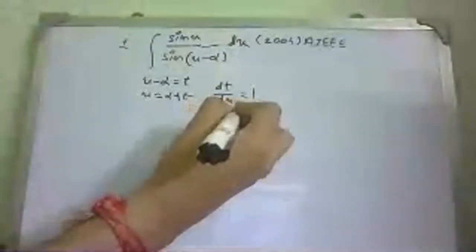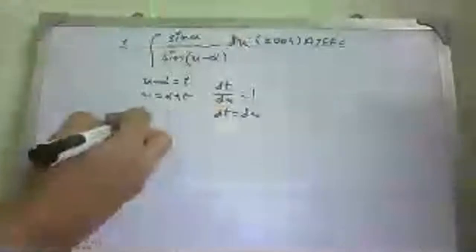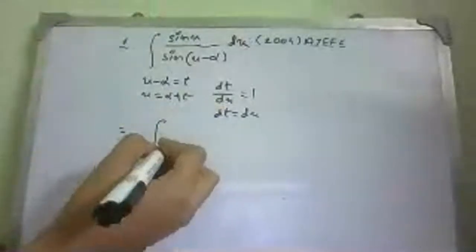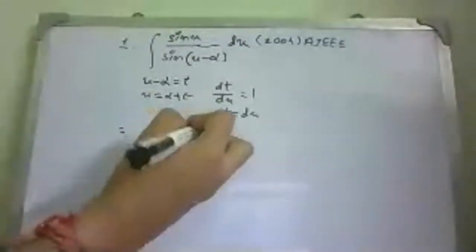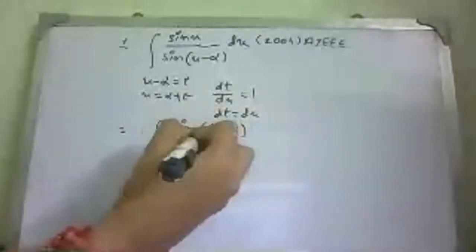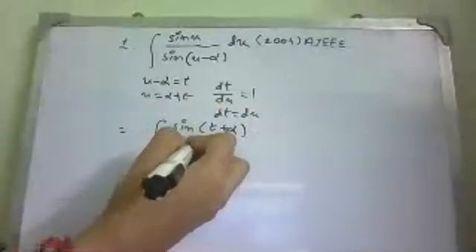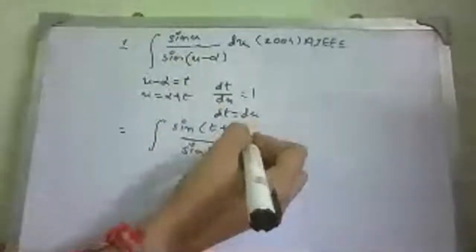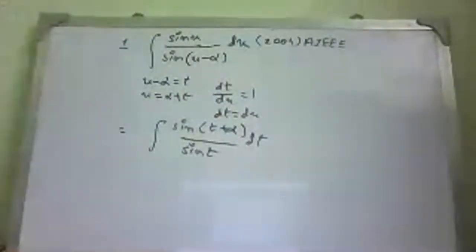So dt equals dx in this case. So we can write that this is the integral of sine of t plus alpha over sine t dt.